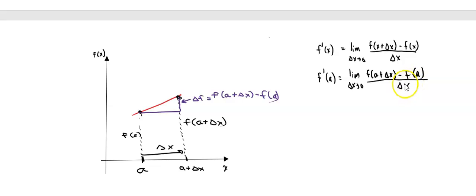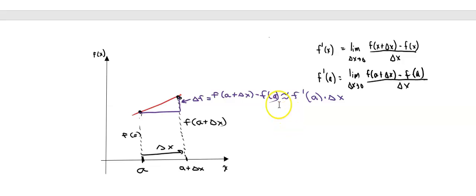Can you imagine if we multiplied by delta x, that numerator, at least in terms of an estimation, since we're not taking the limit, is f prime of a times delta x. So coming over here, multiplying by delta x, f prime of a times delta x would be just that numerator, ignoring the limit because we're just estimating the change in the output, not allowing delta x to go to 0 at this moment. And so there you go. That change in f could be expressed by saying f prime of a times delta x.